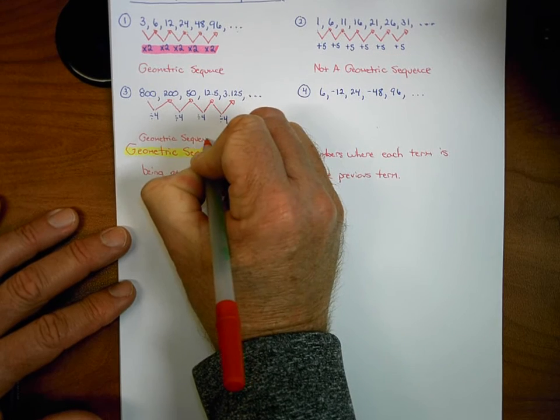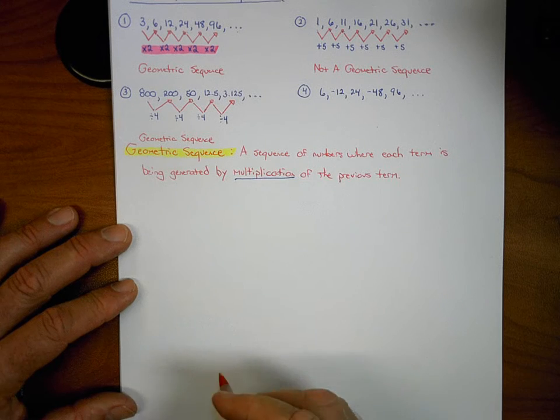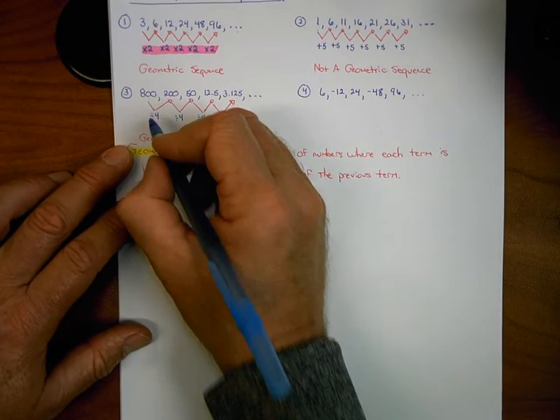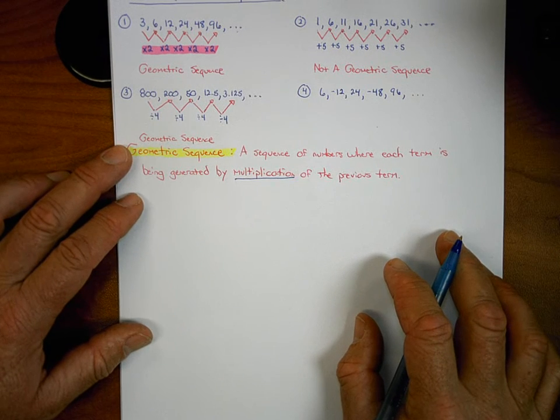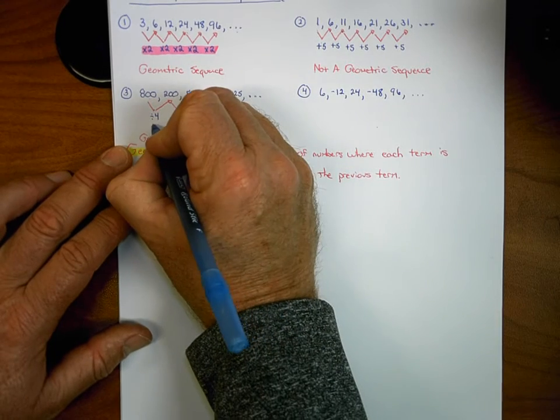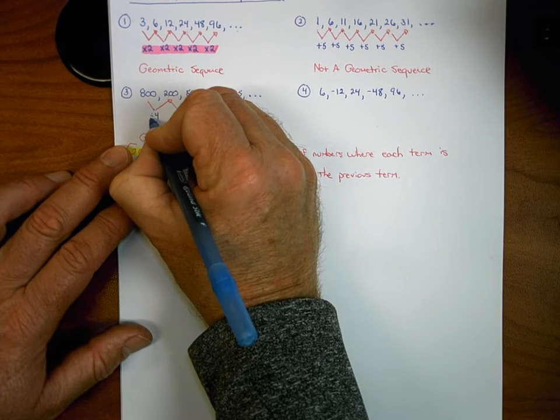Why is it a geometric sequence, Tyler? Thomas? Okay, thank you. Because when you divide by 4, as you probably just heard Tyler Thomas say, and I'm pretty sure that Hayden said it also, it's the same thing as multiplying by 1/4. So if you multiplied 800 by 1/4, that would give you 200.